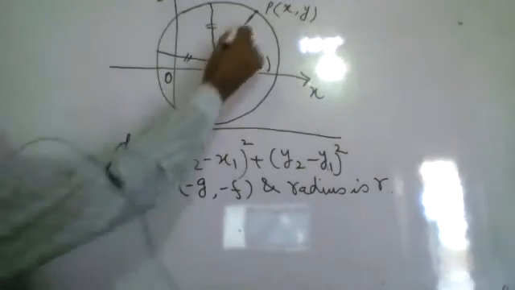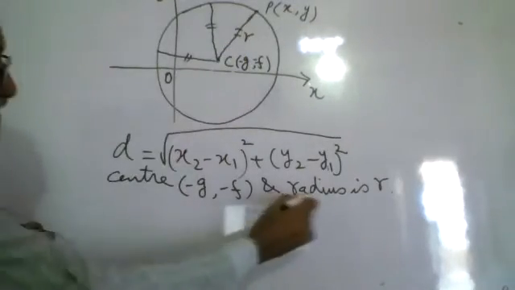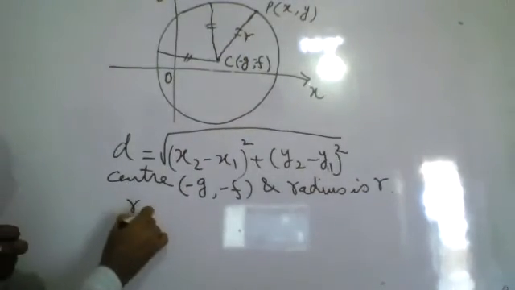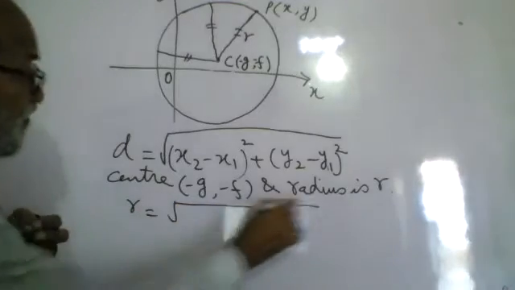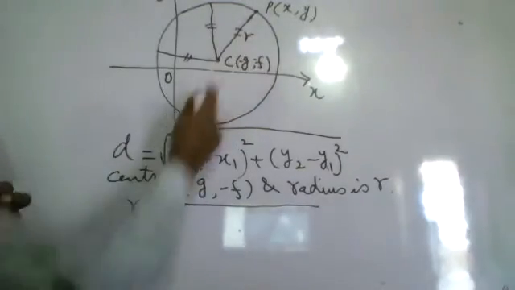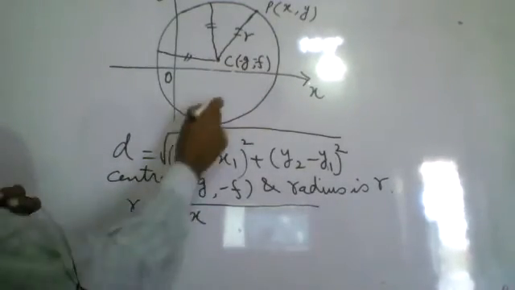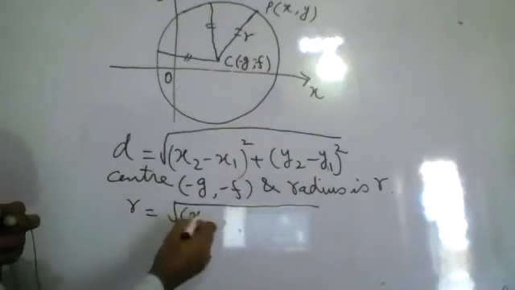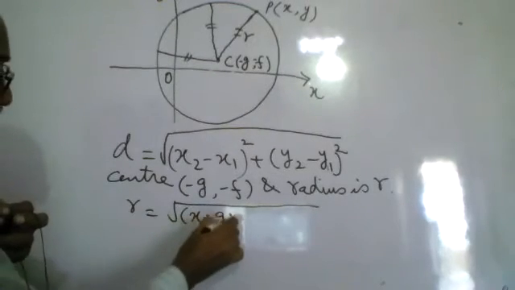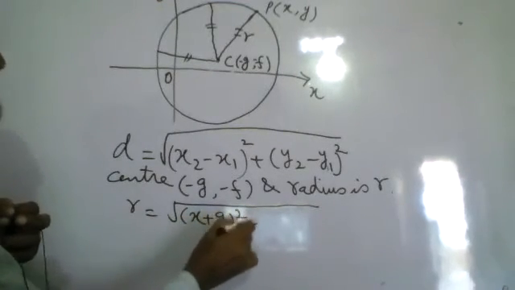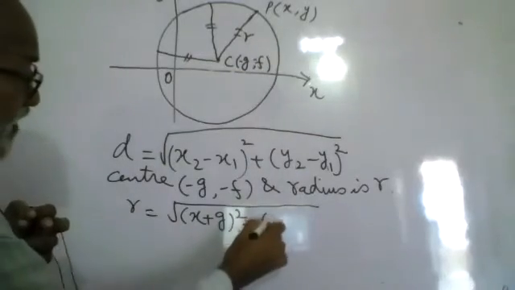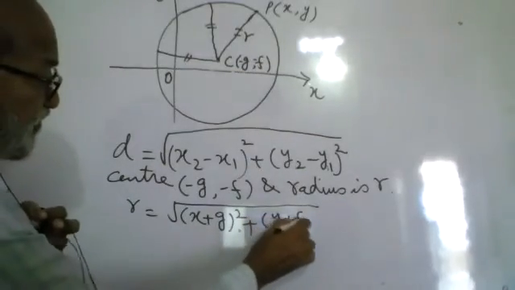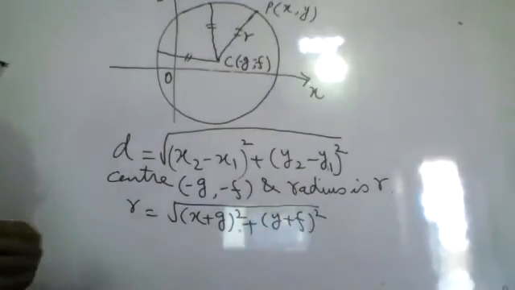This distance is r, so r is equal to the square root of (x plus g) whole square plus (y plus f) whole square, since minus will become plus.